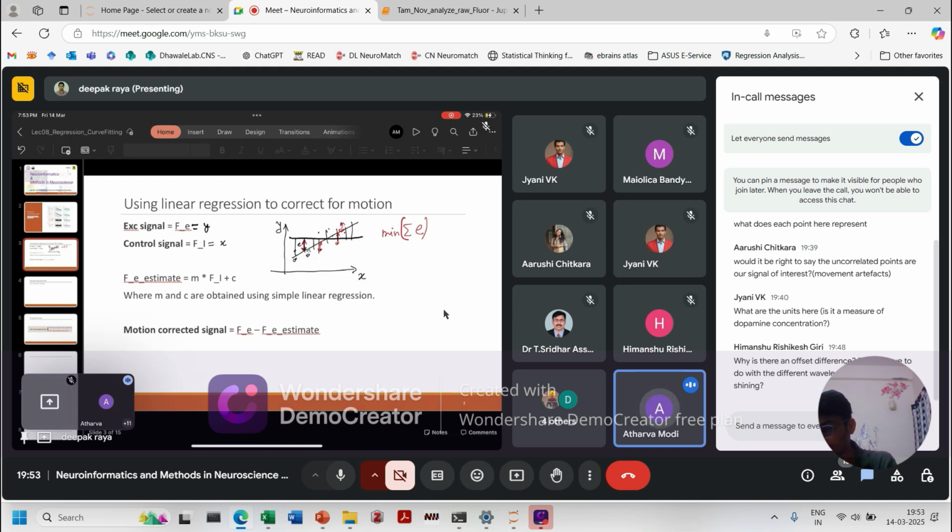Why is it called ordinary least squares? Because instead of minimizing sigma e, you are minimizing sigma e squared. So you take this error from the line and you minimize that.